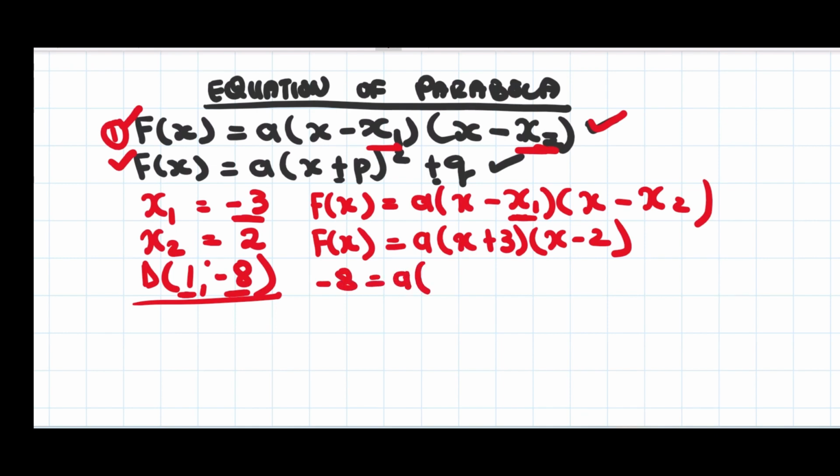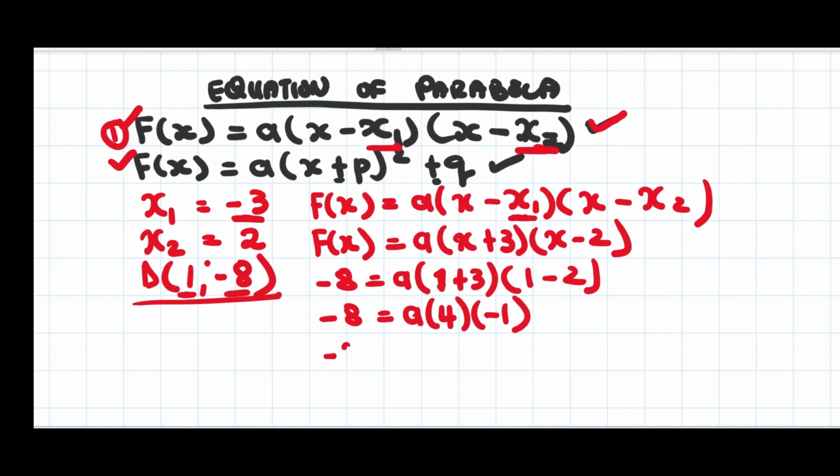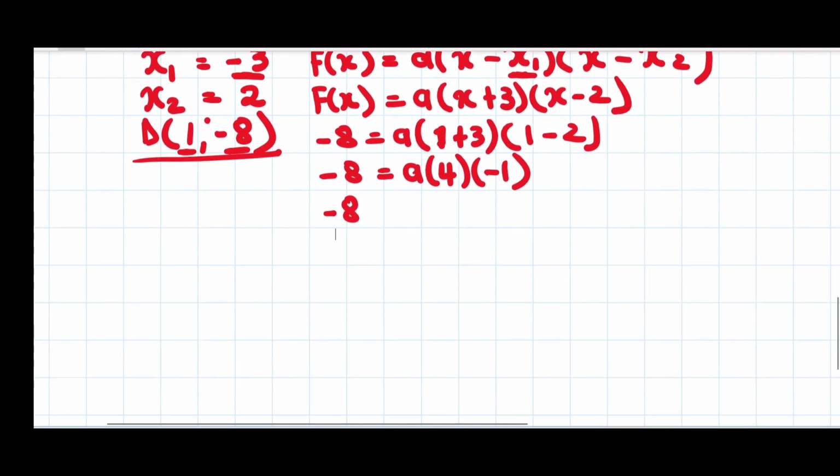This is now going to be -8 = a(1 + 3)(1 - 2). We are then going to simplify this to find the value of a: -8 = a(4)(-1). When we simplify, we get -8 = -4a, and then a is going to be 2.